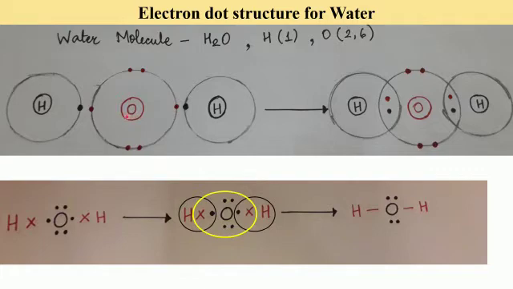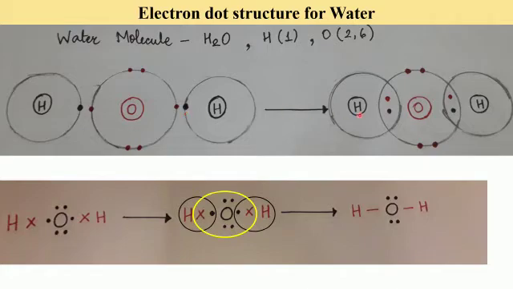So each one will share 1 electron each. Hydrogen has only 1, so it has to share only 1 electron. Oxygen will also share 1 electron with this hydrogen. Similarly, oxygen will share its 1 electron from here with 1 electron of hydrogen.